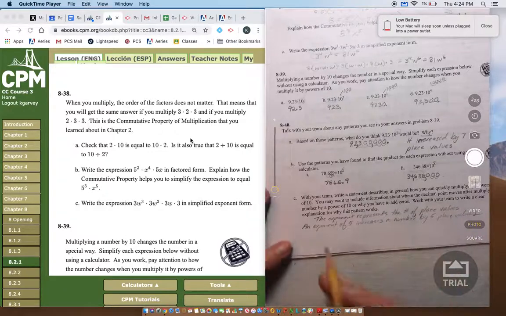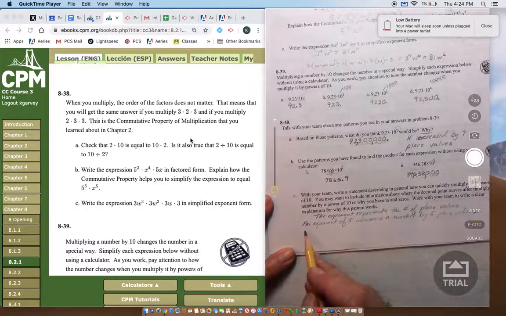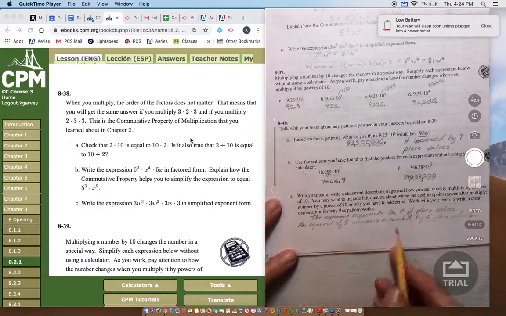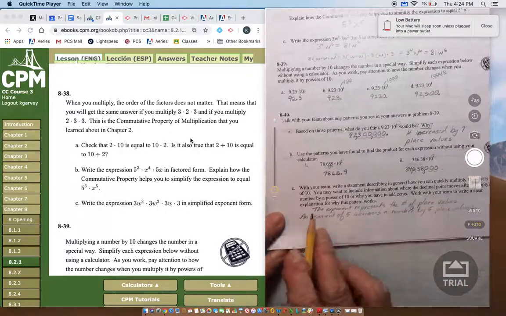All right, and sometimes we need to add zeros because we need to show the increased value of the number.